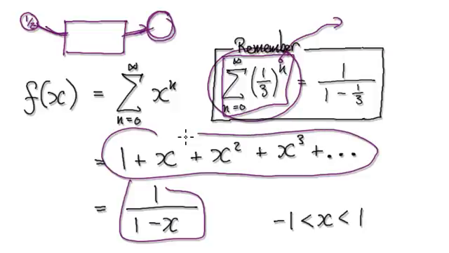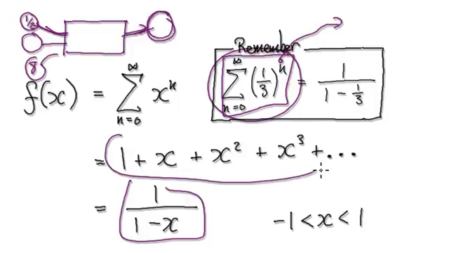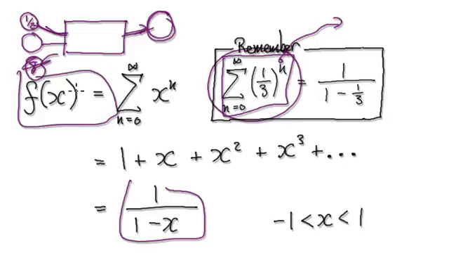So you can visualize this thing here as being a machine. You can put any number into here as long as it's in between -1 and 1. So our machine only works for -1 to 1, because anything beyond this, let's say you put an 8 in here, it will break down, because the whole series will diverge. So what we've got here is a function.